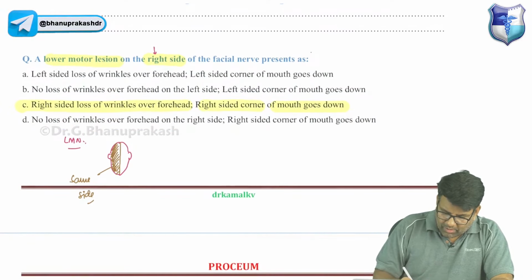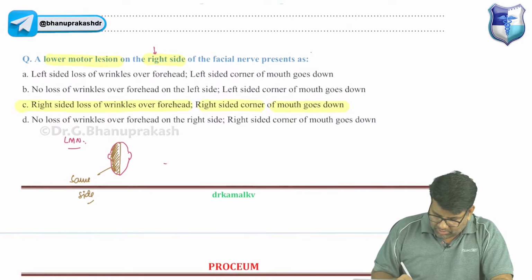Number two, in relation to the angle of the mouth. See, normally the angle of the mouth should be something like this. But what happens whenever there is paralysis on this side, the opposite side muscles become overactive and they will pull the angle of the mouth towards the normal side.